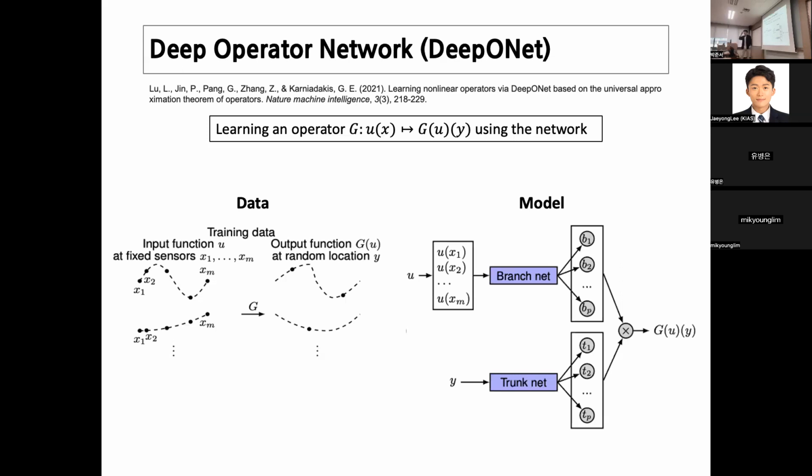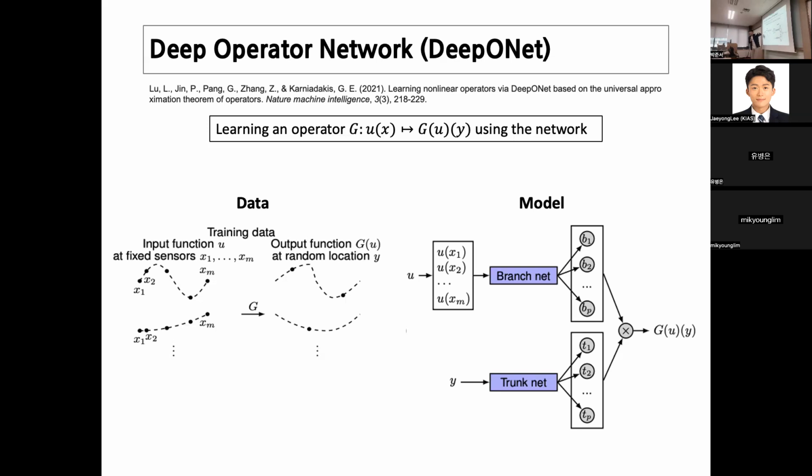They use two neural networks to approximate this operator, these two purple boxes. The first one is called the BranchNet, which takes an input function u(x). And the second network takes y, which is a variable in the output function space.